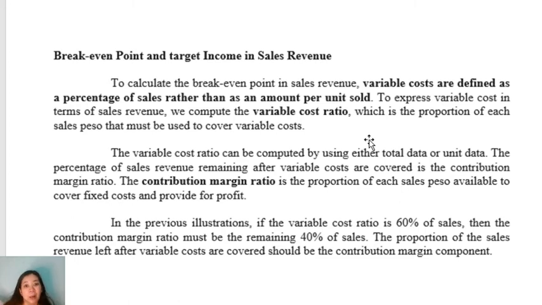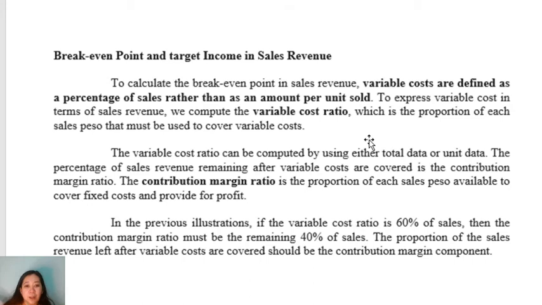That is our variable cost ratio. It can be computed either in total or per unit. Again, the formula is just to divide variable cost by sales or revenues.